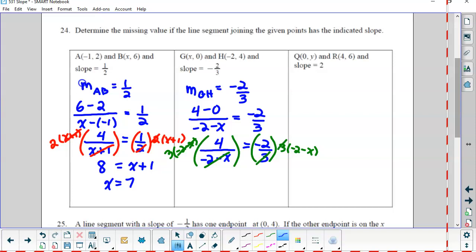3 times 4 is 12. -2 times -2 minus x. So x equals 4.